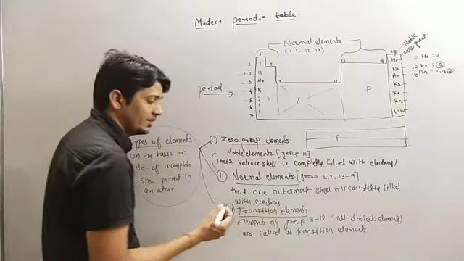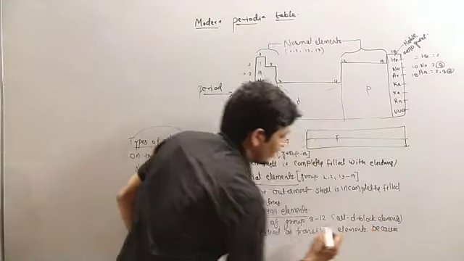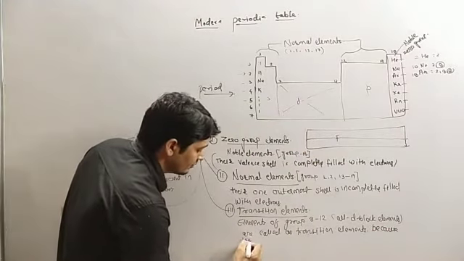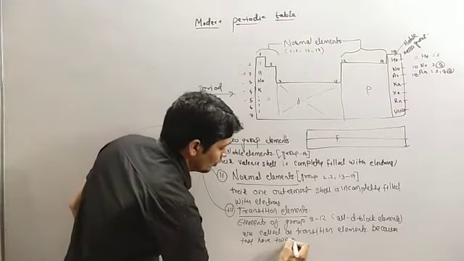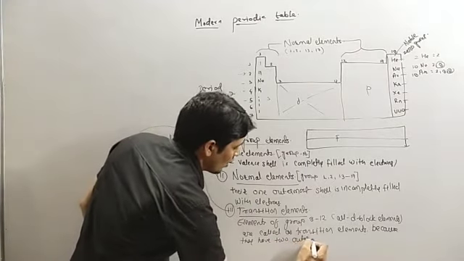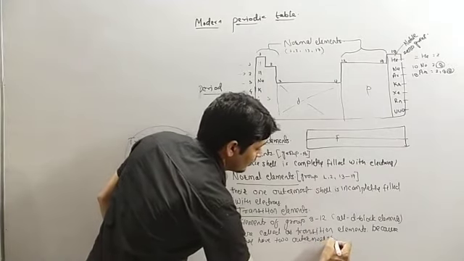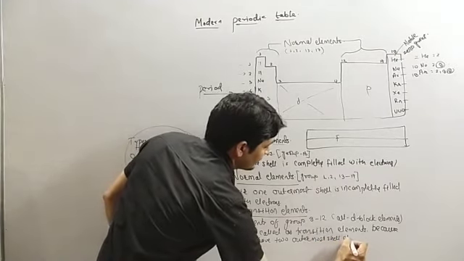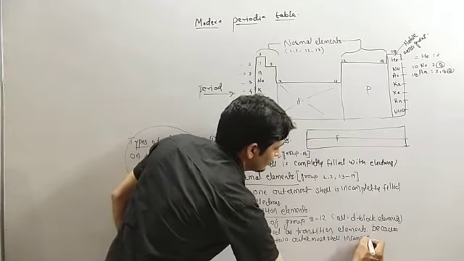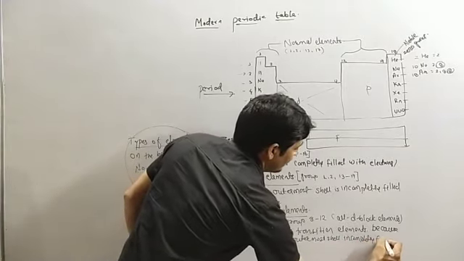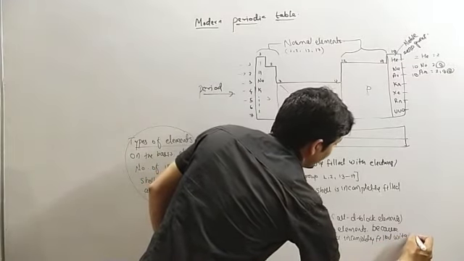So we have to write because they have two outermost shells incompletely filled with electrons.